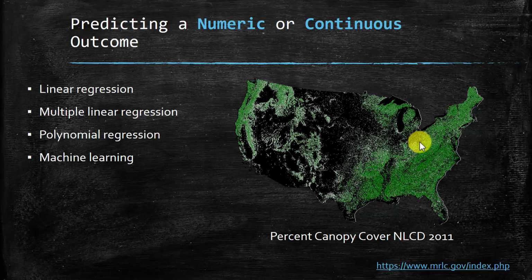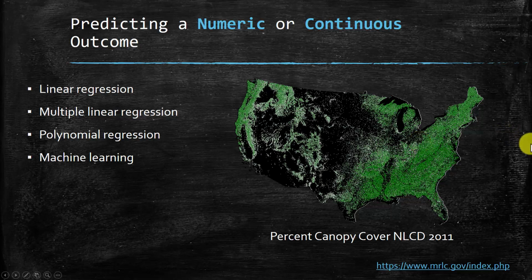Again, machine learning is not the only way to do this. There are other options, such as linear regression or multiple linear regression, if the assumptions are met to use those methods. You could also use polynomial regression, but here again we're mainly going to focus on machine learning-based processes, like support vector machines or random forest.